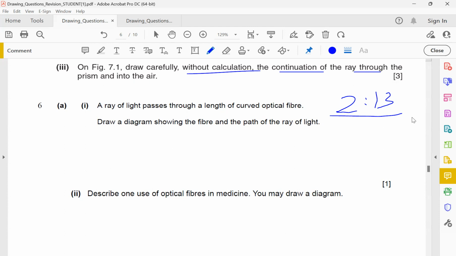We have 2 more minutes to time question number 6.